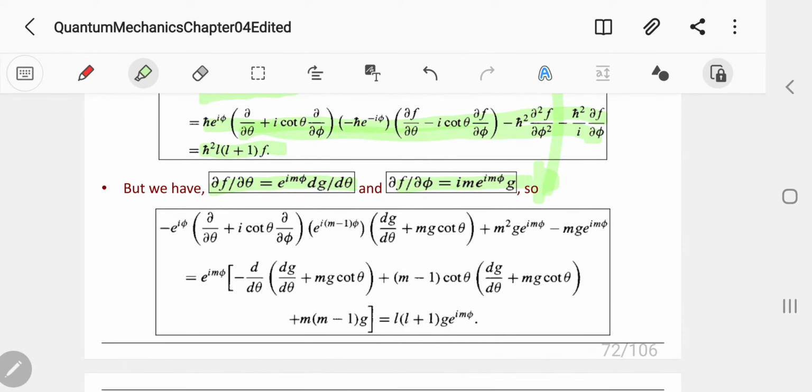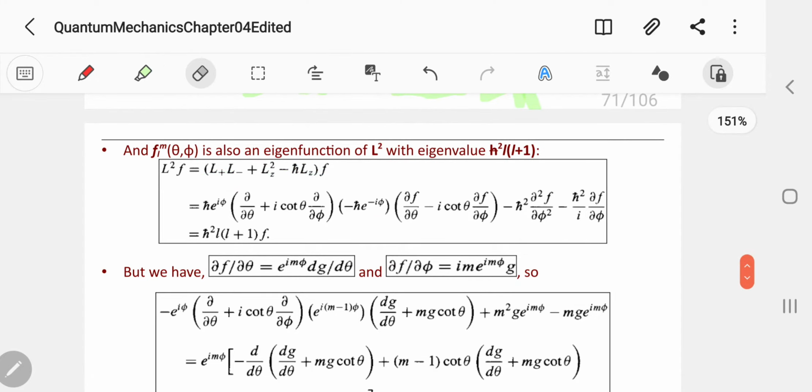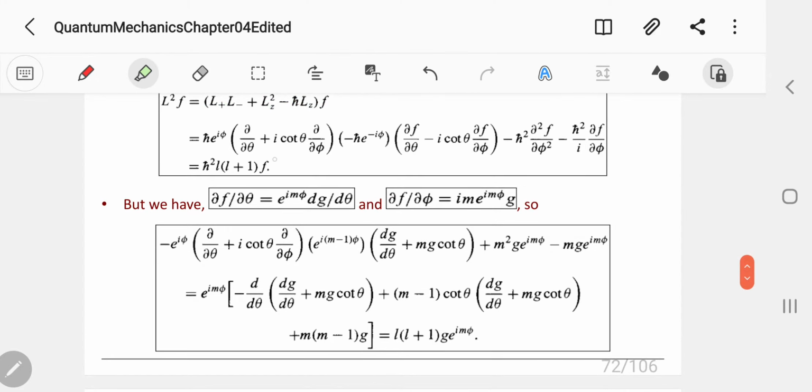So you can see that it results in the same function. The f here is just equal to this one divided by h bar, or it's just the same function. What I mean to say is that it's the same function.